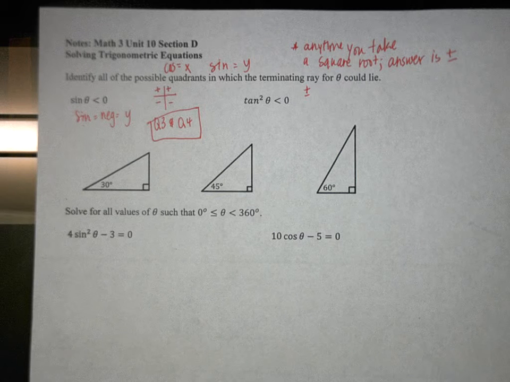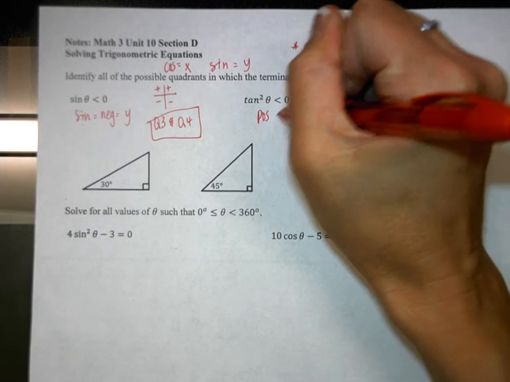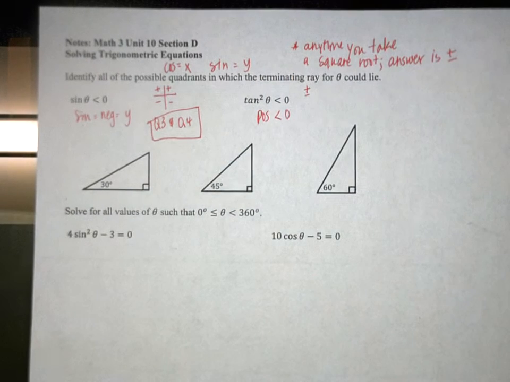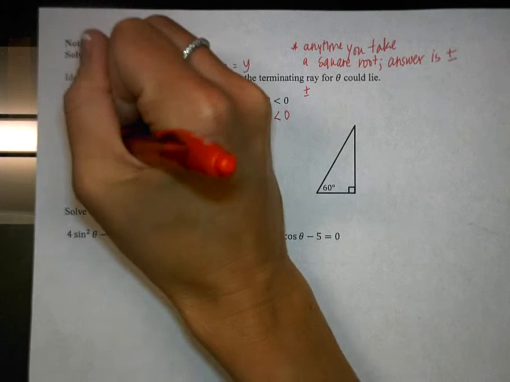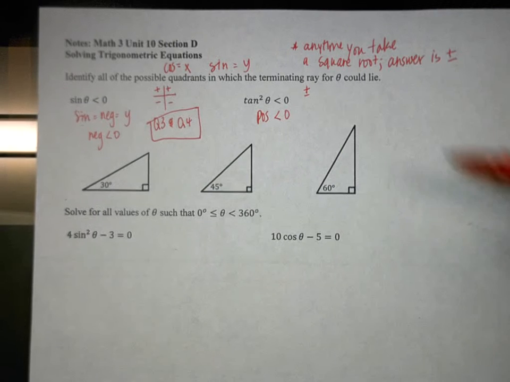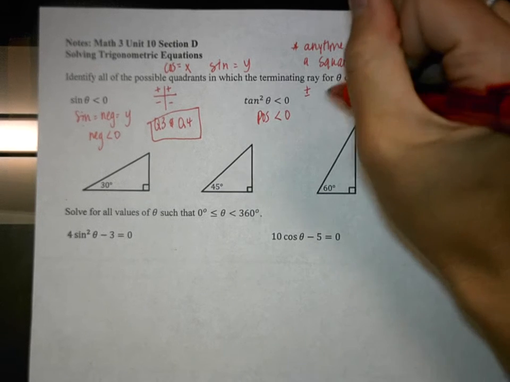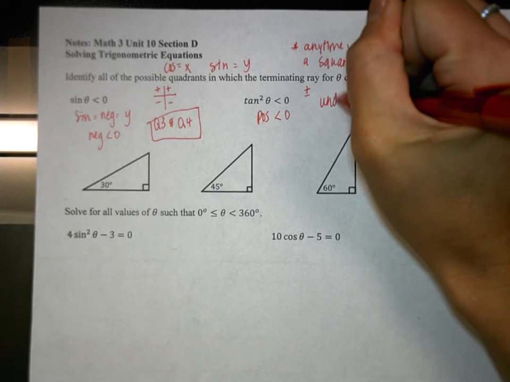And if you have a negative and you square it, it's still going to become a positive. So what this is saying is a positive is less than 0. This one, if we go back and write, it's just a negative is less than 0, okay? Can a positive ever be less than 0? No. So this one would be undefined or no solution. We'll go ahead and just write undefined.